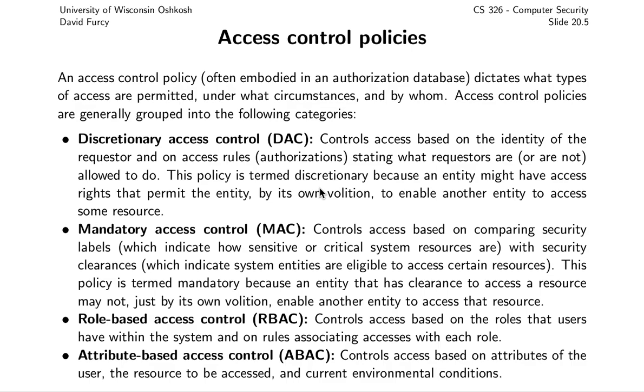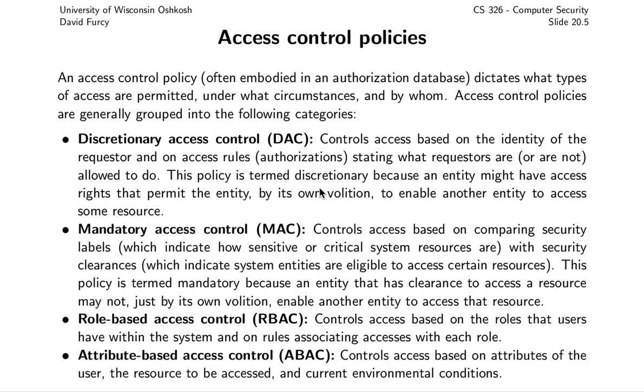So in this video, instead of discussing specific access control policies, I want to describe four different types of such policies. The first one is called the discretionary access control policy, or DAC. In this category, the access control is based on the identity of who is asking for access to the resource.